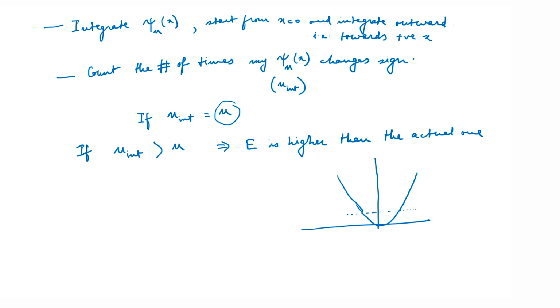I started off from here, this is x equals 0 and this is x equals x max. Half of this is somewhere here, so this will be my E, which is my initial guess. Maybe I draw the actual solution with a different colored line. So, this is my actual solution.